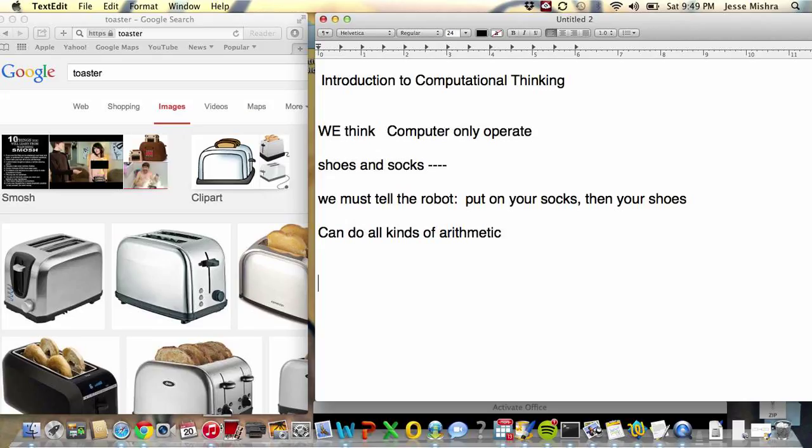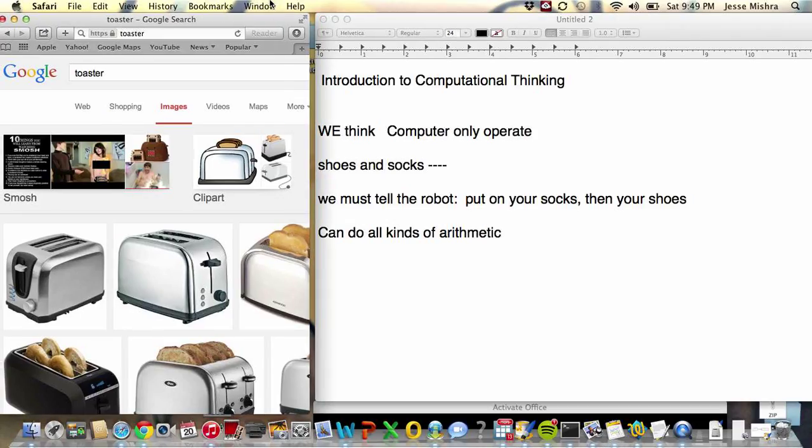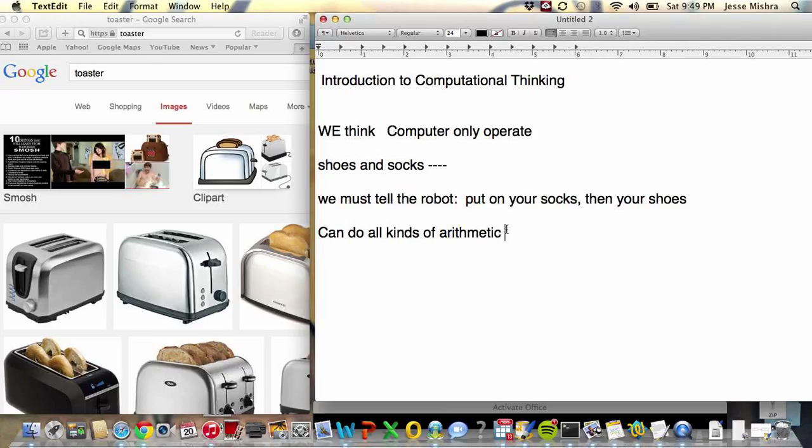But here's something that you might not know you can do much better than a computer, which is you can identify letters in a whole bunch of letters very quickly.